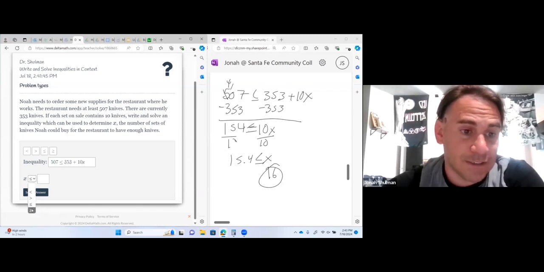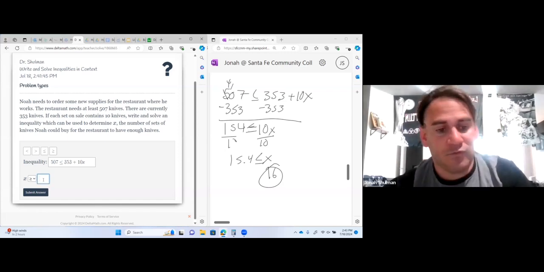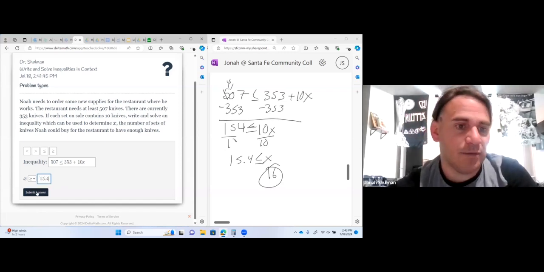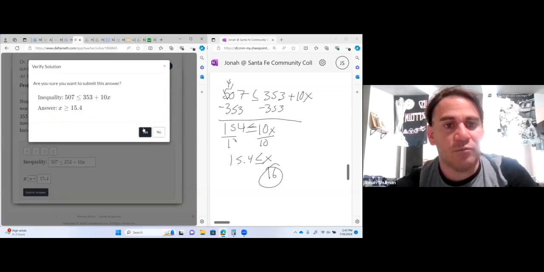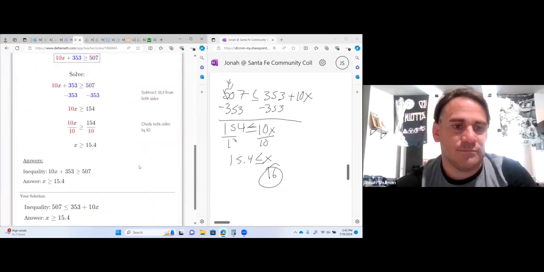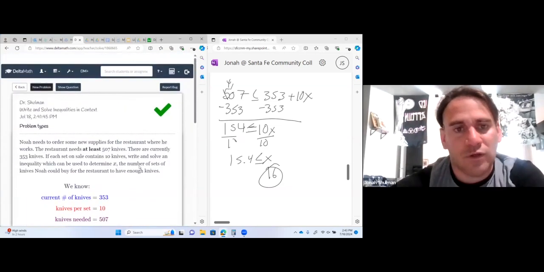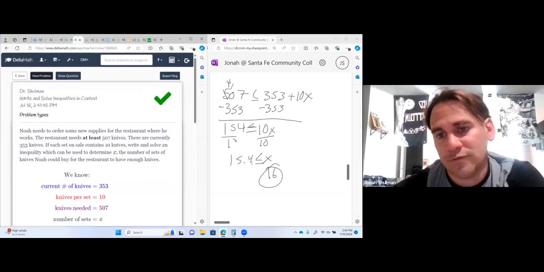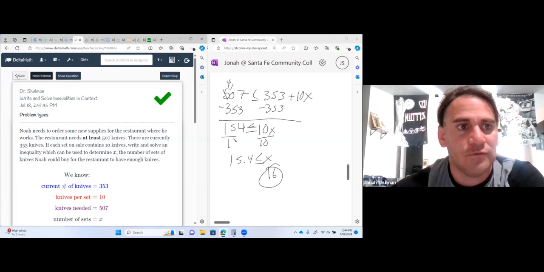It would make more sense for this one if it was the whole knife set, right? If it was 16 knife sets, but I'm not going to argue with the computer. This doesn't make sense based on the situation. The answer should be 16 or more sets. So even though this is correct, the real answer would be 16, because nobody in a store is going to sell you 15.4 sets of knives.